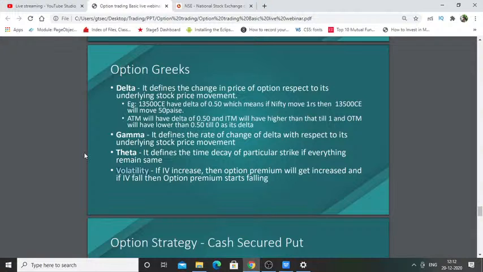So for index, you can just prefer the India VIX alone, but for stocks you have to look at IV rank or IVP. But choose either IV rank or IVP and consider only one. Don't look into both IVP and IVR, because it will make us a little confused about which to look at. So take either one and go through that alone.